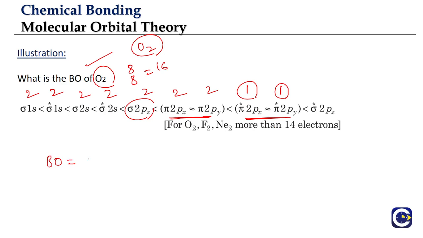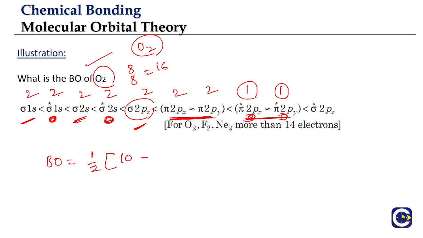Bond order is half times the number of electrons in bonding orbitals. This is bonding, this is bonding, then this is bonding. These two are bonding. So 2 plus 2 plus 2, totally 6, 6 plus 4, 10. So 10 minus, what about the anti-bonding? This is anti-bonding, this is anti-bonding. These two orbitals are what?